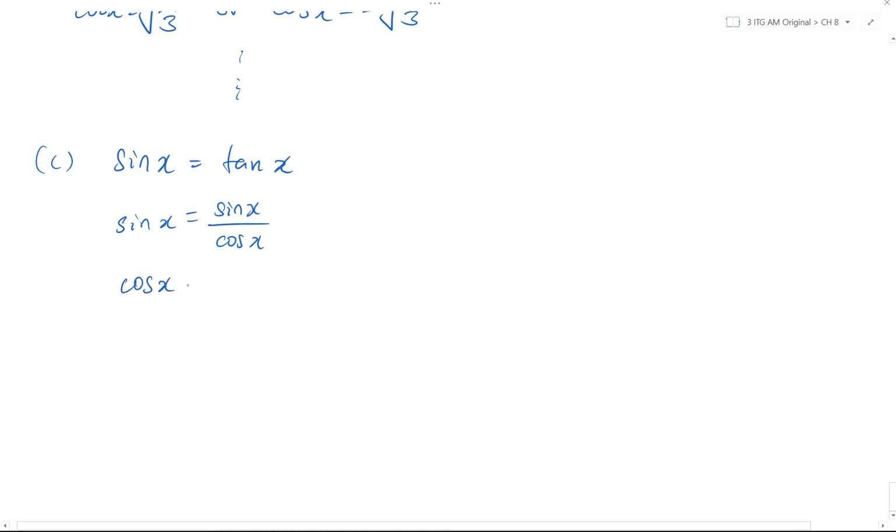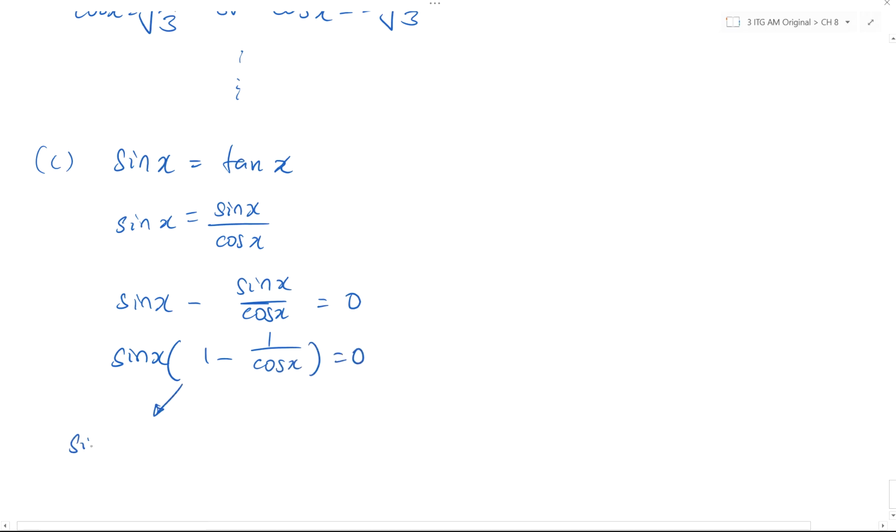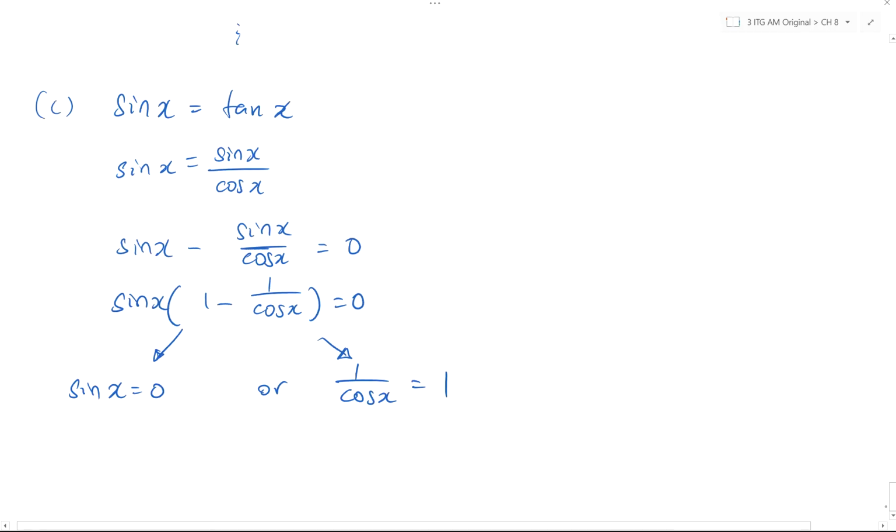Sine x minus sine x over cosine x equals to 0. Factorize sine x, 1 minus 1 over cosine x equals to 0. So break it down into sine x equals to 0, or the second one will be 1 over cosine x equals to 1, meaning cosine x equals to 1. Solve them.